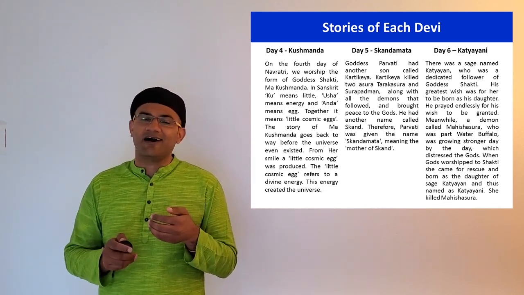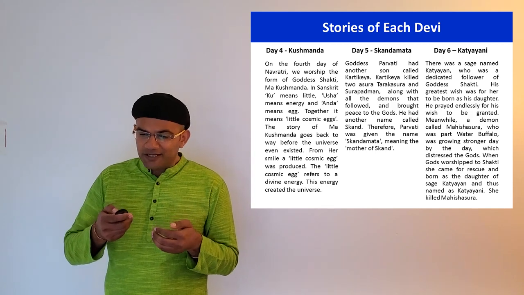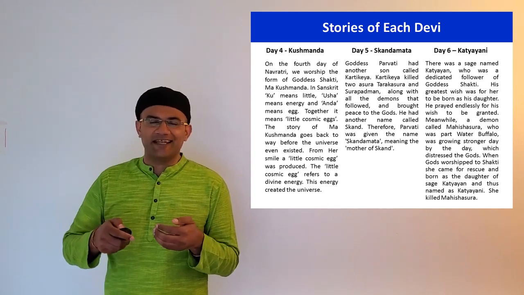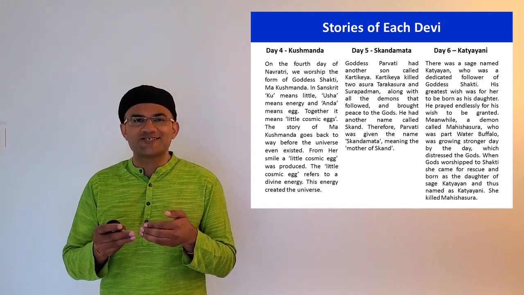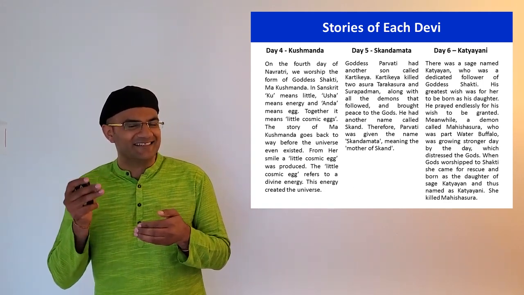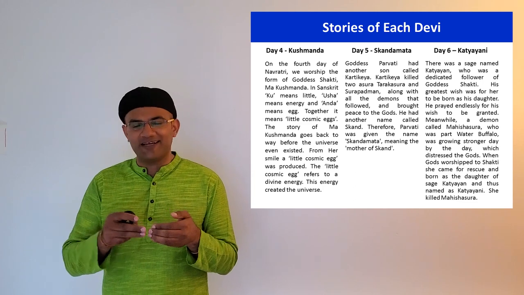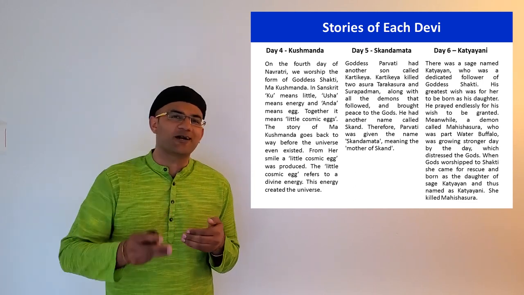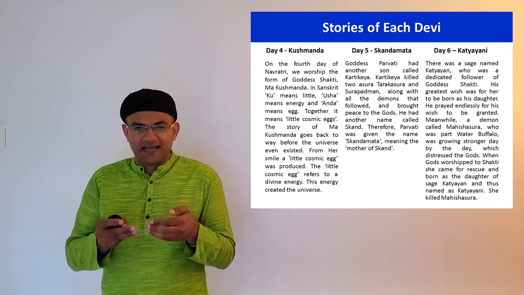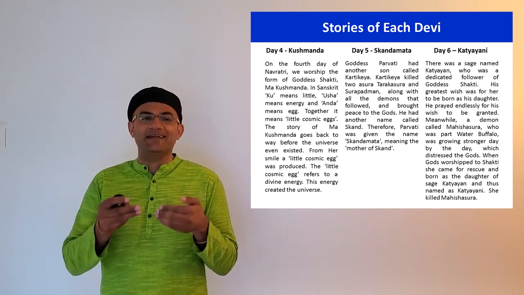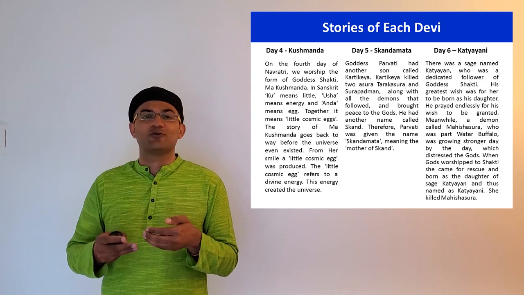Today's scientists are basically building a 27-kilometer ring, using a hadron collider, trying to find that point source of energy, that little energy, from where the entire universe came. And here we are also describing the same kind of thing, that the entire universe came from that little cosmic energy, Kusmanda.